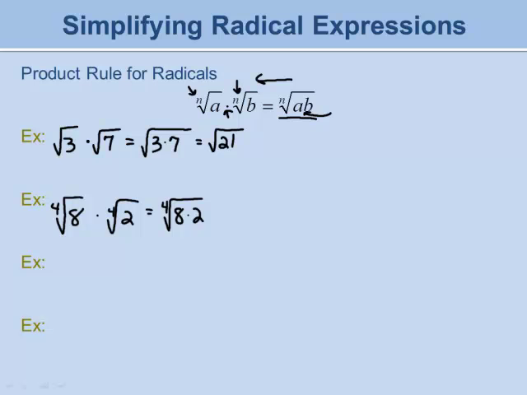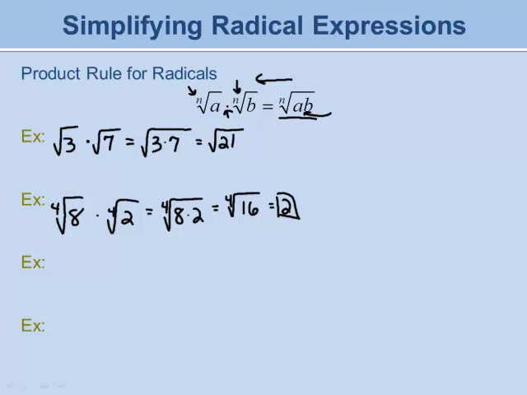So we've got the fourth root of 8 times 2, which is the same as the fourth root of 16. And 16 is a perfect fourth power. Turns out that positive 2 is the fourth root of 16 because 2 to the fourth, or 2 times 2 times 2 times 2, is 16.